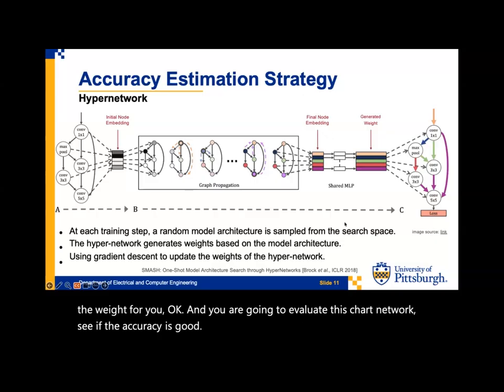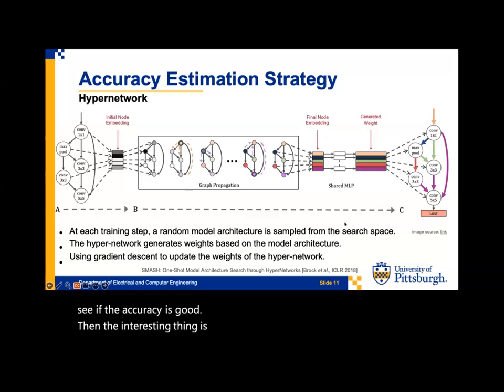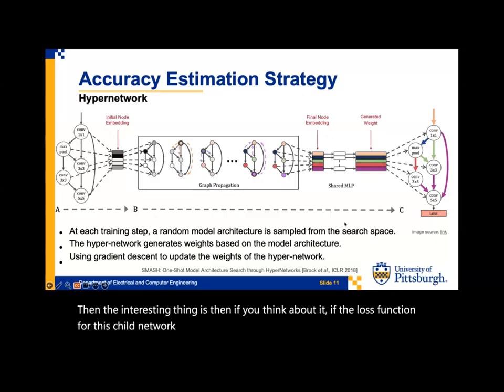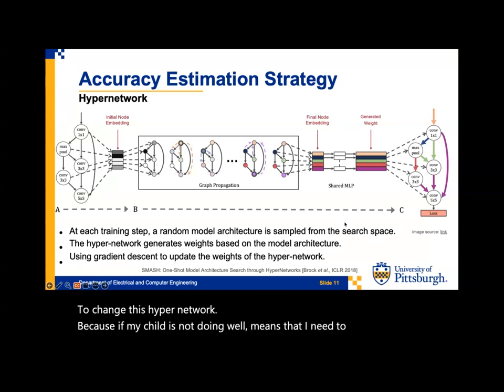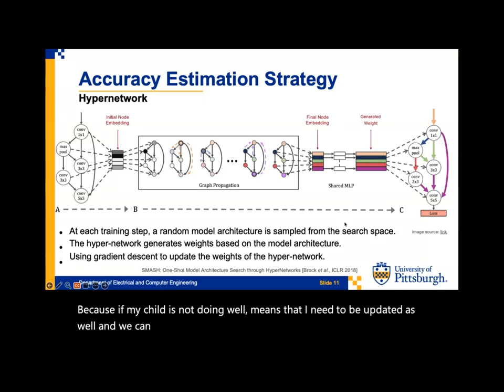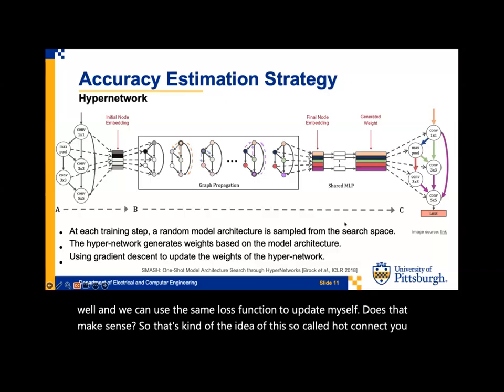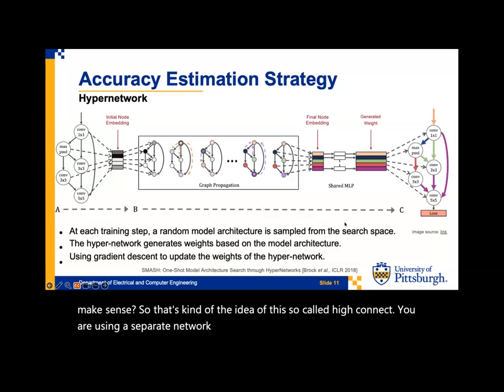The interesting thing is, if the loss function for this child network is not good, we can actually use that loss to train this hypernetwork. Because if my child is not doing well, it means I need to be updated as well, and we can use the same loss function to update myself. Does that make sense? That's the idea of this so-called hypernetwork. You are using a separate network to assign the weights for you.